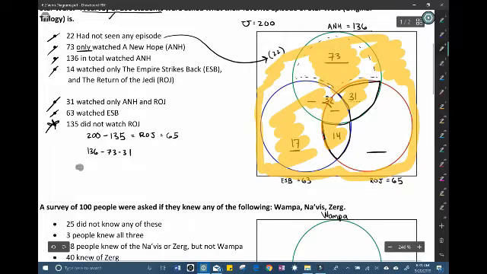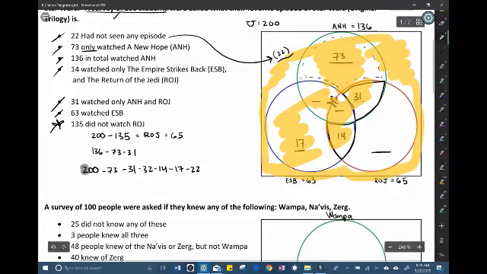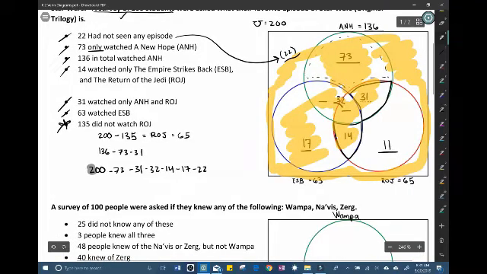So if we take 200 and we subtract all of the values we have already, so minus 73, minus 31, minus 32, minus 14, minus 17, and minus 22, the number outside, what we get is that this number must be 11. Okay, 11 must be right there.